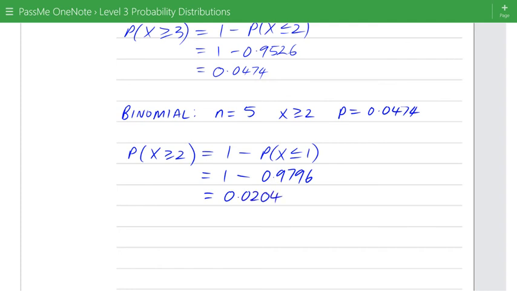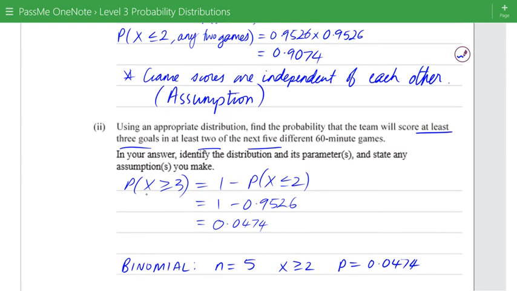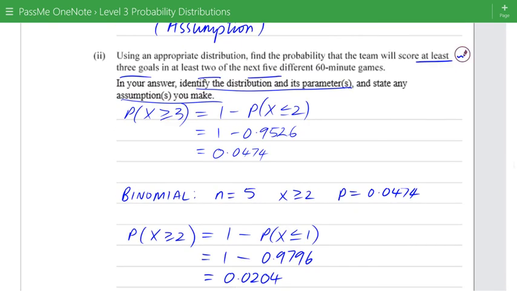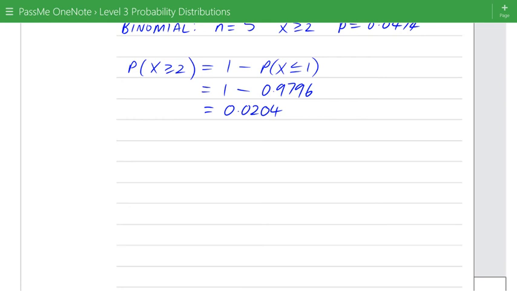Now once again, it's asked us to identify parameters and state any assumptions. Well, we've done our parameters, that's all part of our working, and so now we need to state our assumptions.